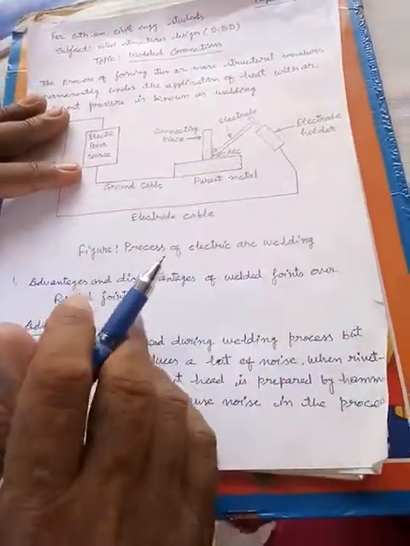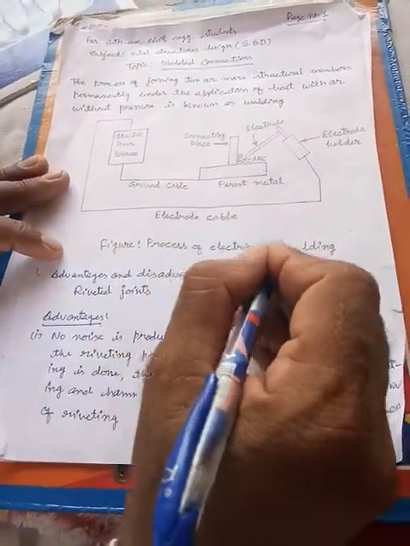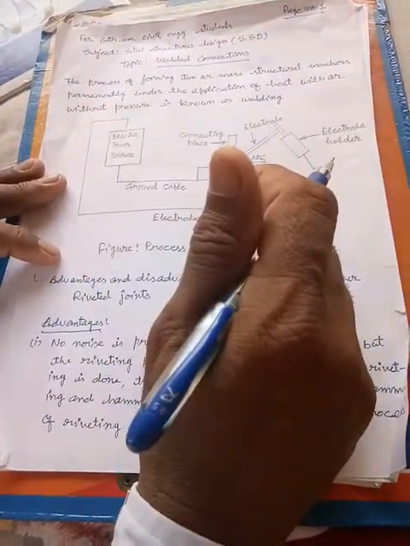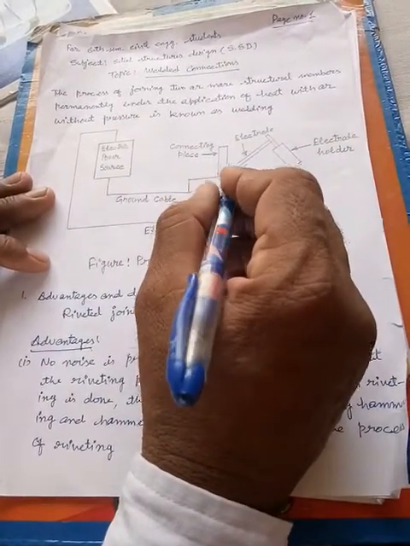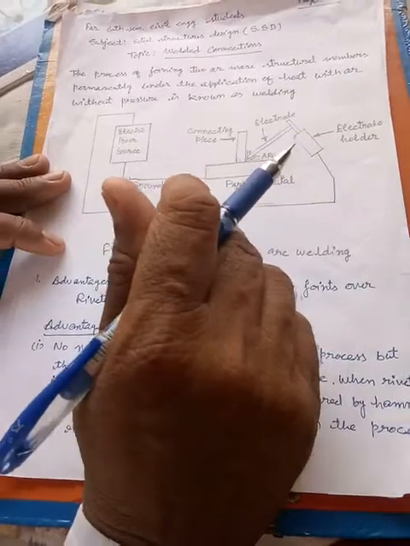as fusion welding. So the figure shows the process of electric arc welding. So in the electric arc welding, as shown in this figure, the intense heat required to reduce the metal to liquid state is produced by electric arc.